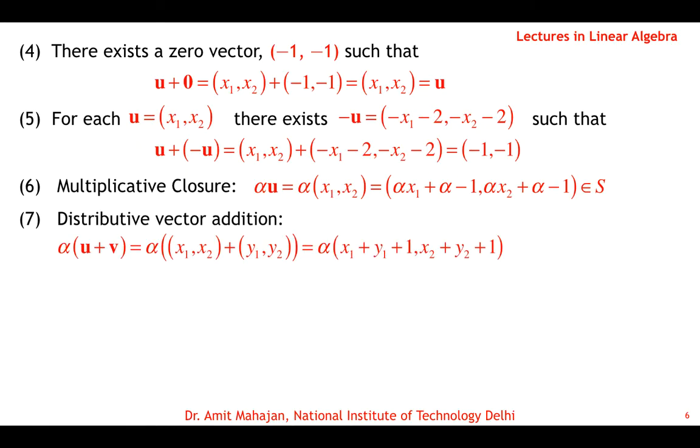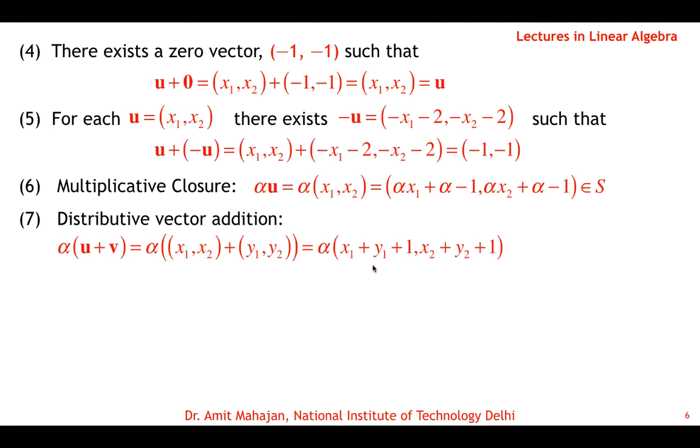The seventh property is the distributive vector addition, that alpha times u plus v is alpha u plus alpha v. Again alpha is a scalar, u is x1 x2 and v is y1 y2. First we apply the vector addition rule, which is the first element plus first element plus 1, and comma, second element plus second element plus 1.